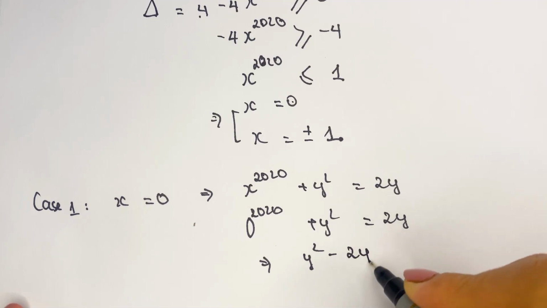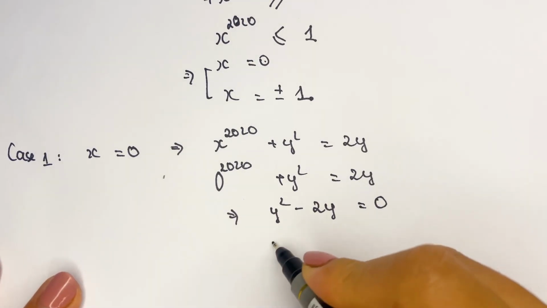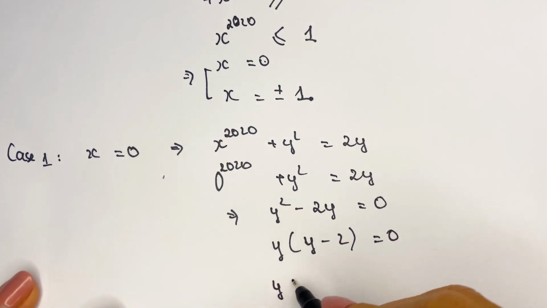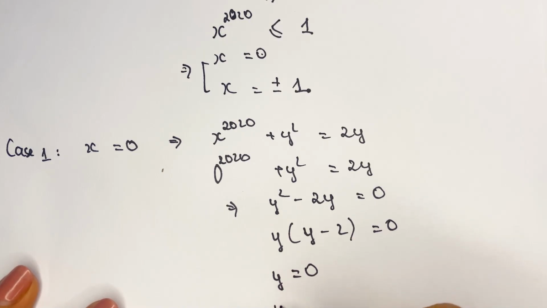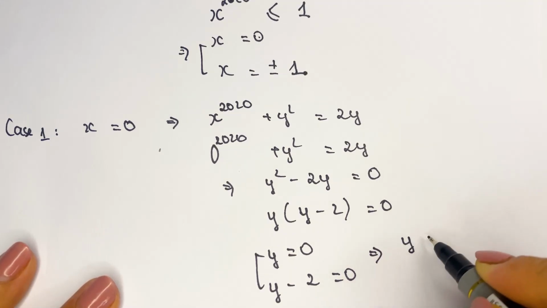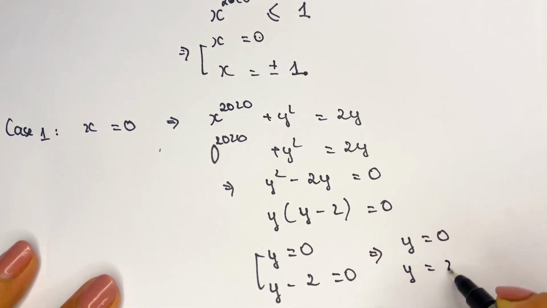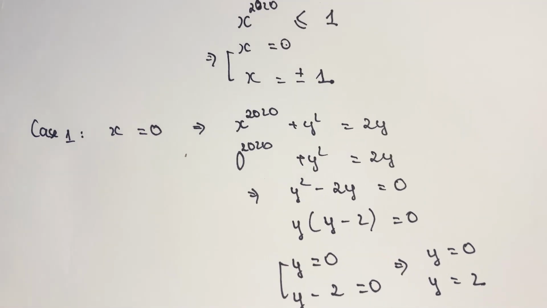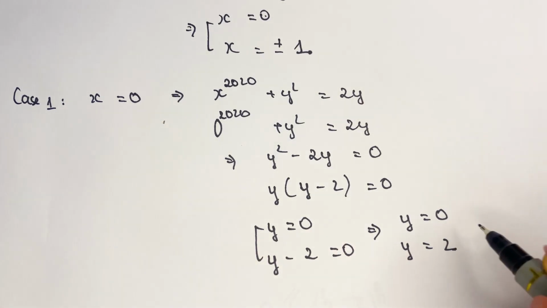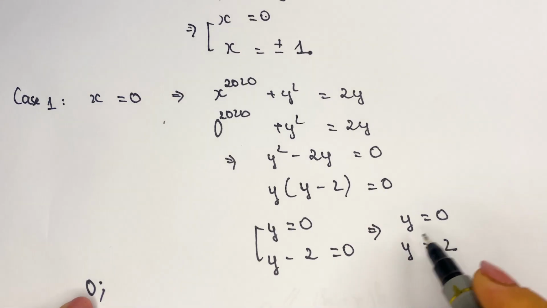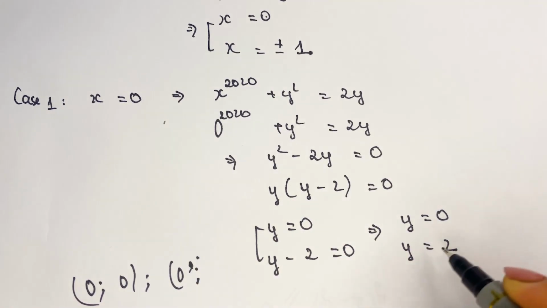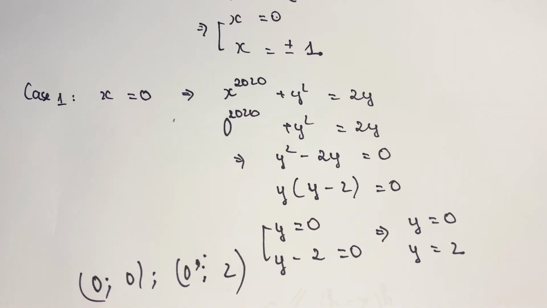Y squared minus 2y equals 0. Y(y minus 2) equals 0. Y equals 0 or y minus 2 equals 0. So therefore we have y equals 0 and y equals 2, right? In this case, for x equals 0, we have two values of y: x equals 0, y equals 0, and x equals 0, y equals 2.